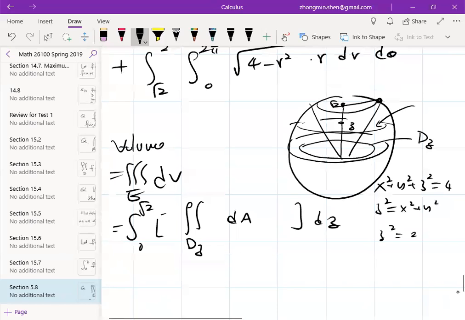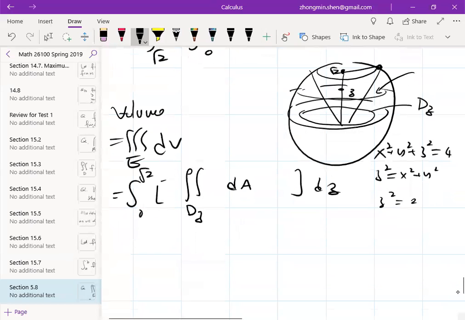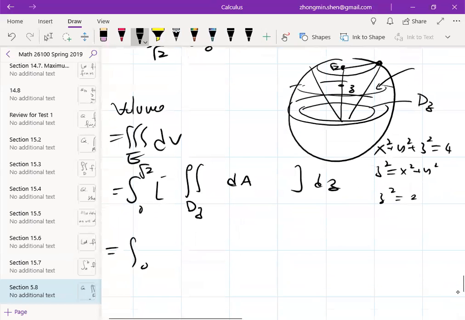Then, yeah, much simpler. What you're going to do is find the area of that disk. All you have to do is determine the radius of that disk, and that is easy for any fixed z, because x squared plus y squared equals 4 minus z squared.